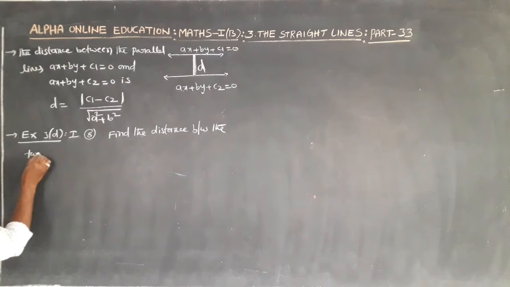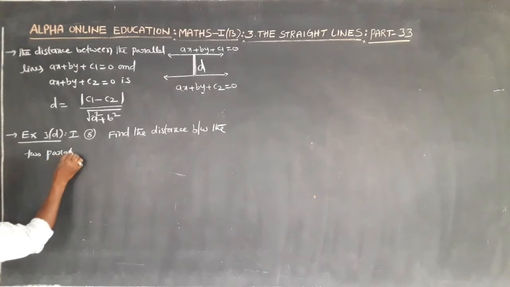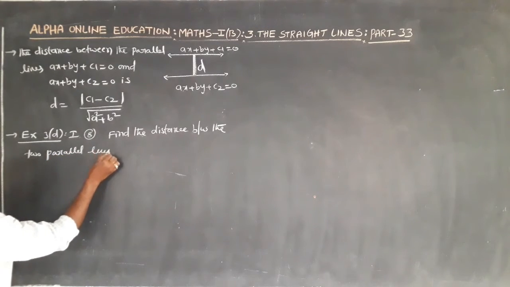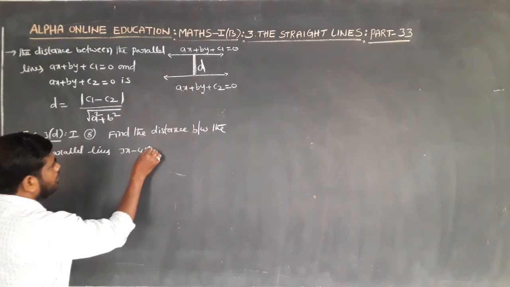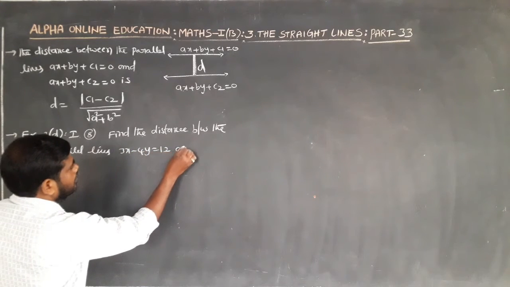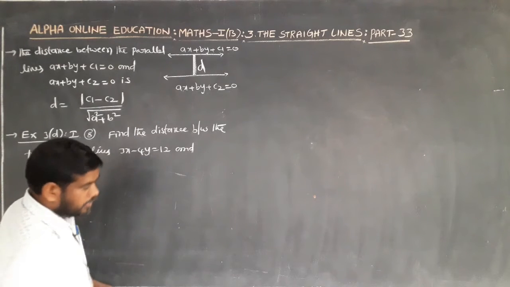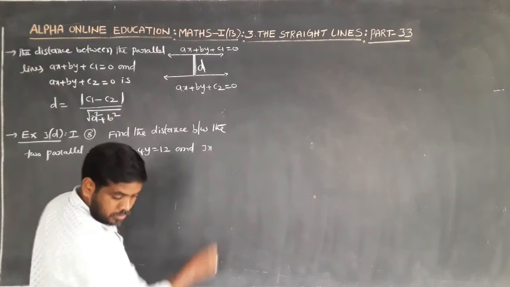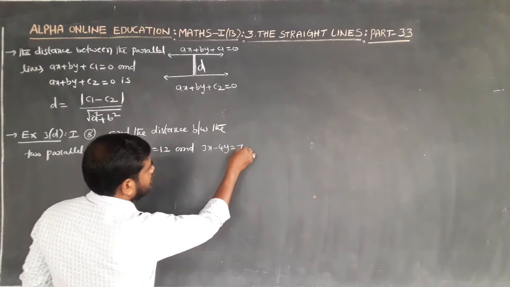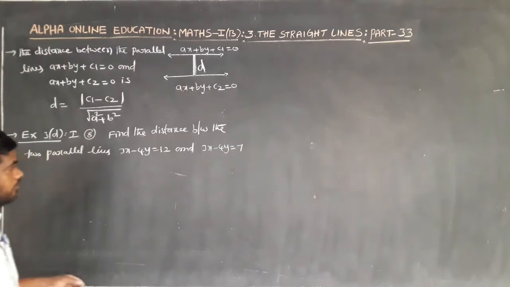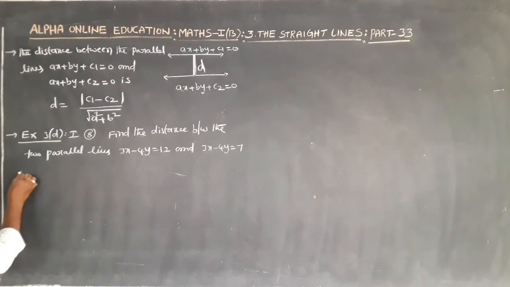The first one is 3x minus 4y = 12 and 3x minus 4y = 7. Find the distance between the two parallel lines.